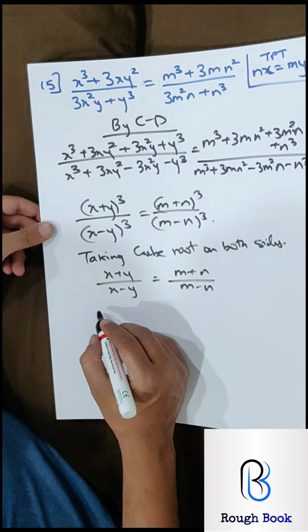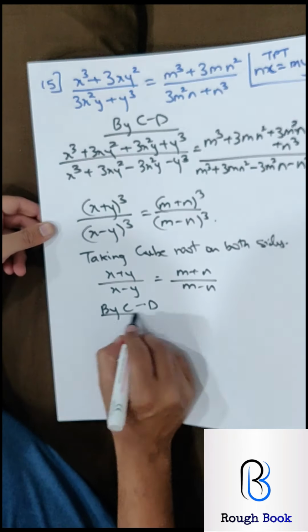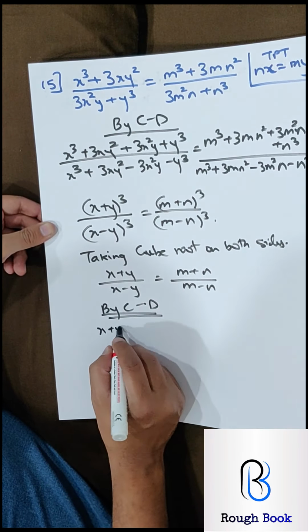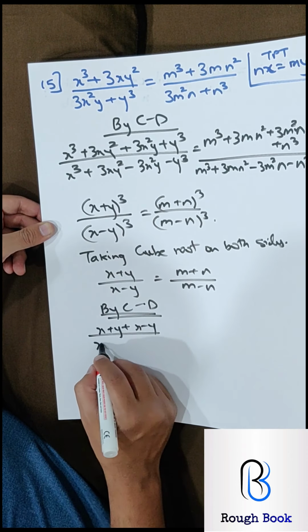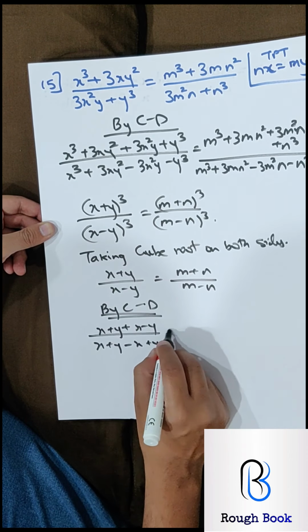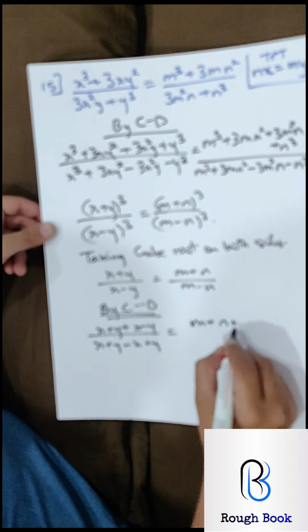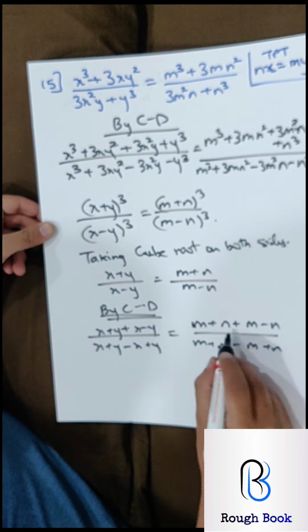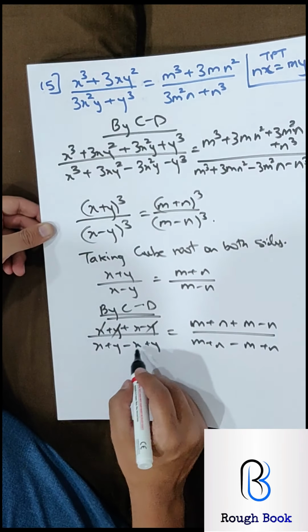What to do now? So again by componendo dividendo. When such complicated sums are there, we need to apply it twice. So x plus y, x minus y, x plus y minus x plus y, m plus n, m minus n, m plus n minus m plus n, opposite sides, cancels.